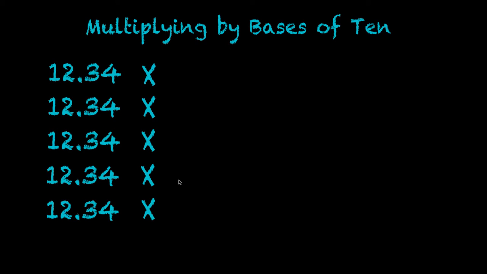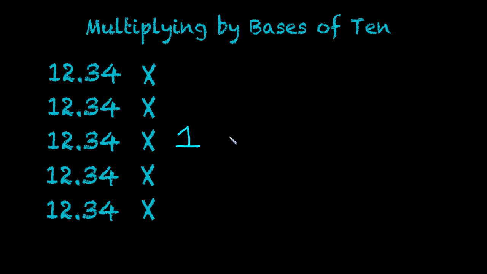So what I'm going to do is I wrote 5 numbers here, and they're all the same, and I made them so that they're kind of in numerical order if you take away the decimal: 1, 2, 3, 4. So all of those numbers we would say are 12 and 34 hundredths. And I'm going to start in the middle by multiplying the number by 1. And we're going to start with that because we know the identity property of multiplication.